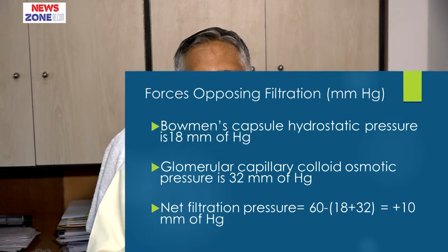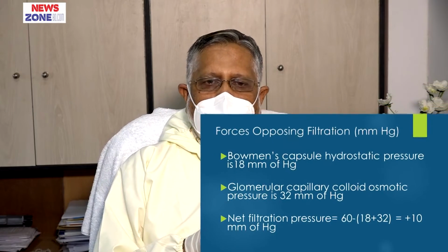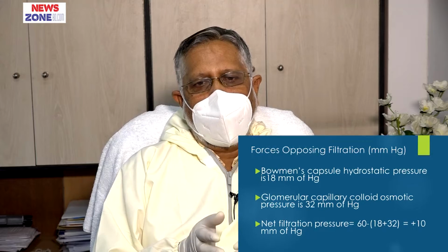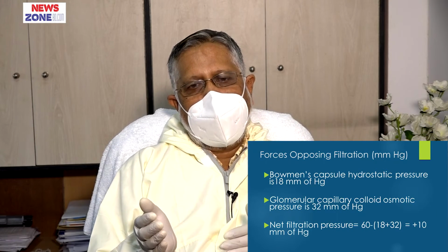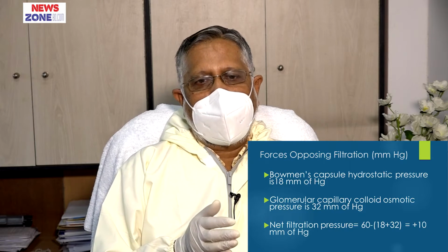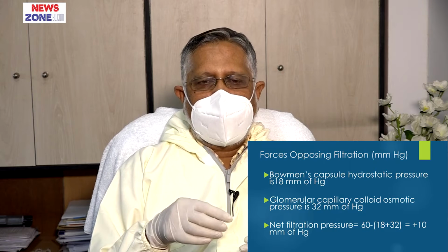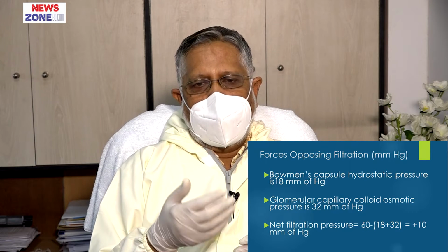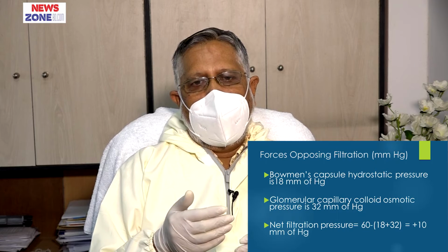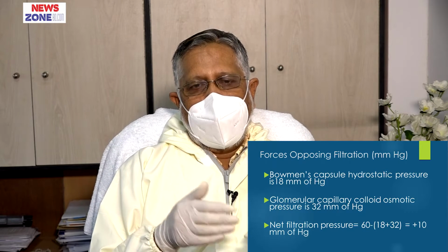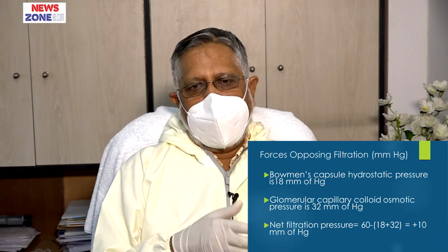Altogether, 32 plus 18 is around 50 millimeters of mercury, which opposes the filtration of plasma against the glomerular hydrostatic pressure of 60 millimeters of mercury.